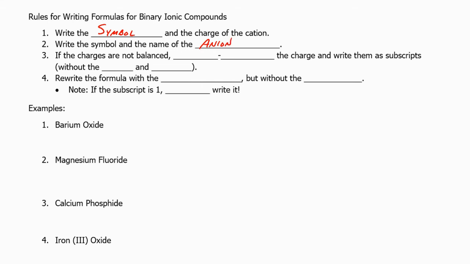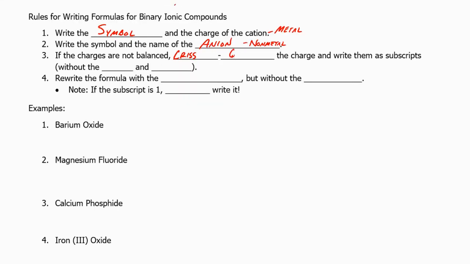Remember, our cation is the positive ion, which in all cases here will be the metal, or a polyatomic ion, of which there's only one. The anion is the other, our nonmetal or polyatomic ion, which we'll talk about later. Now, if these charges are not balanced, this is where we do a process known as crisscrossing the charge.